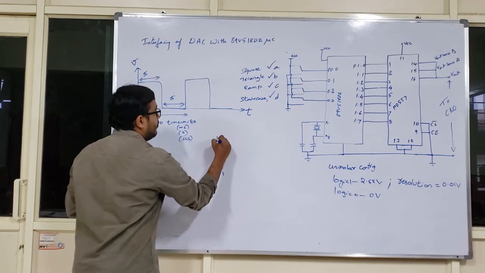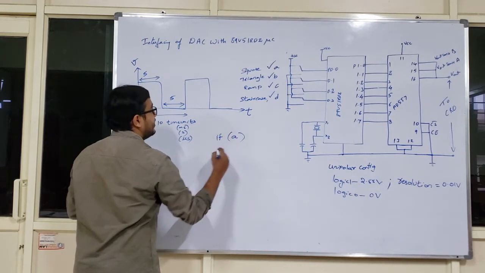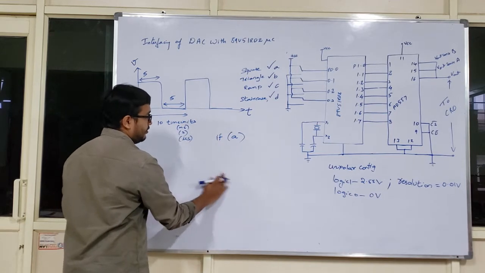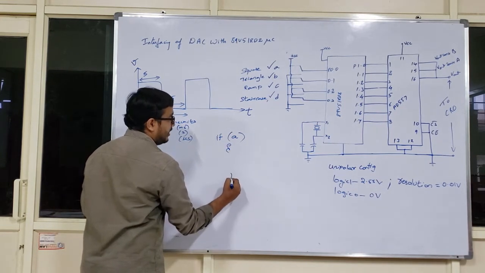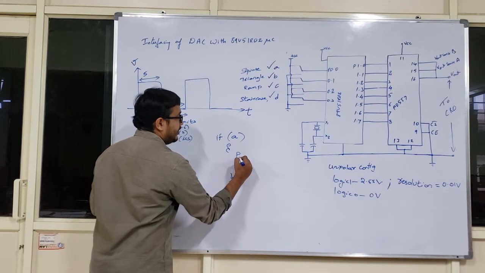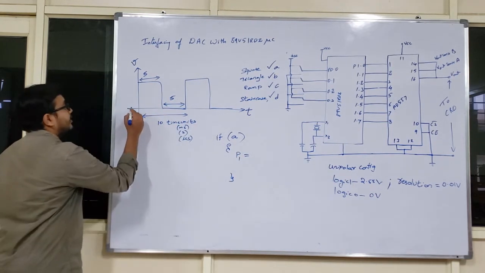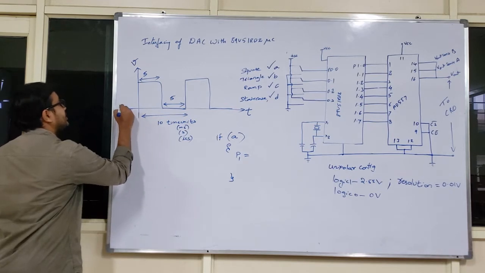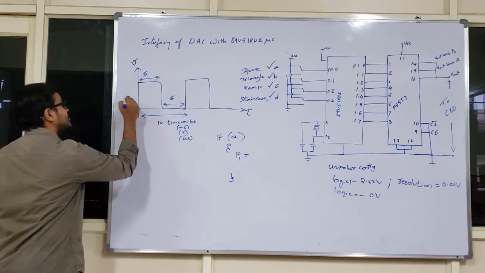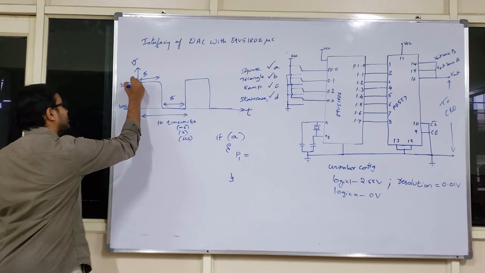Now if subswitch A is turned on, how do I have to write the logic? So P1 is the port which is taking care of everything, right? This square pulse has 0 volts at logic 0 and the highest voltage at logic 1.